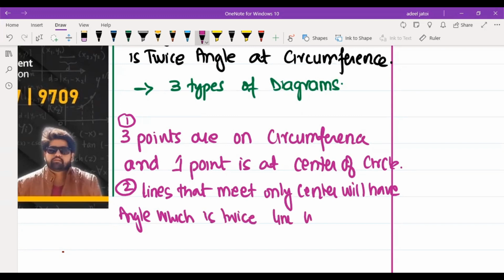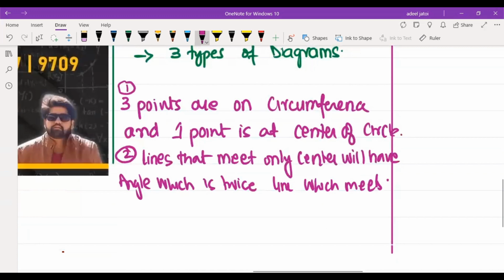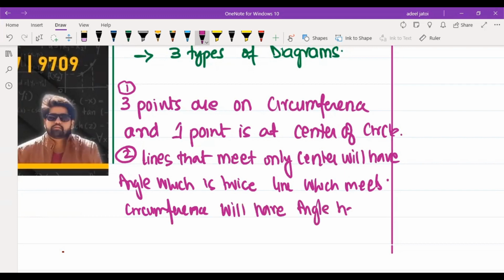Line which meets the circumference will have an angle half the center angle.